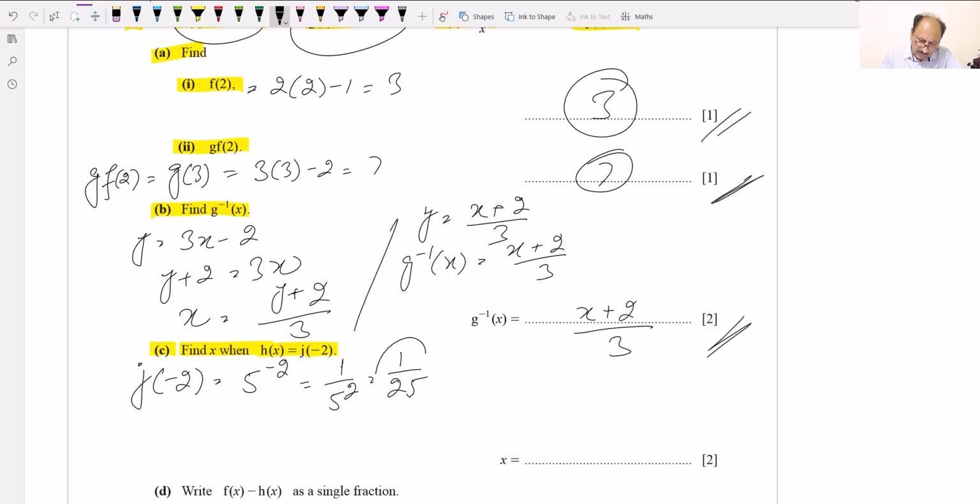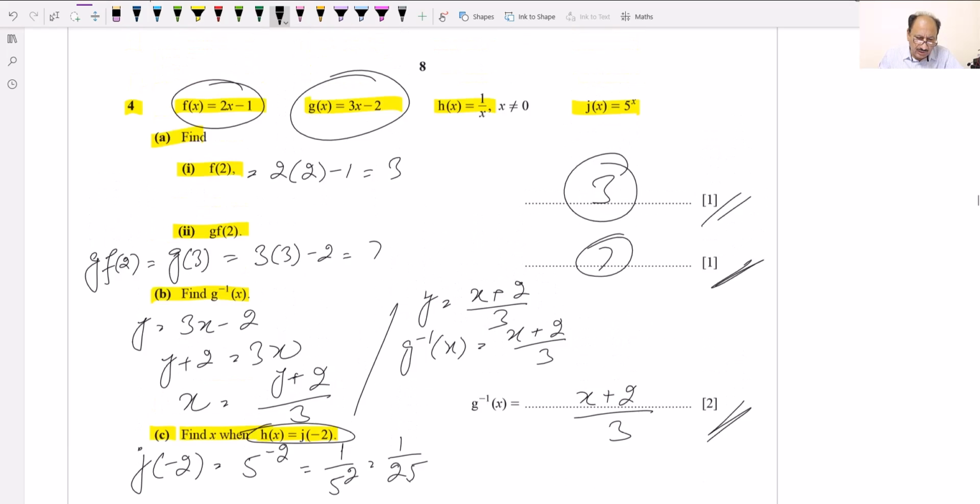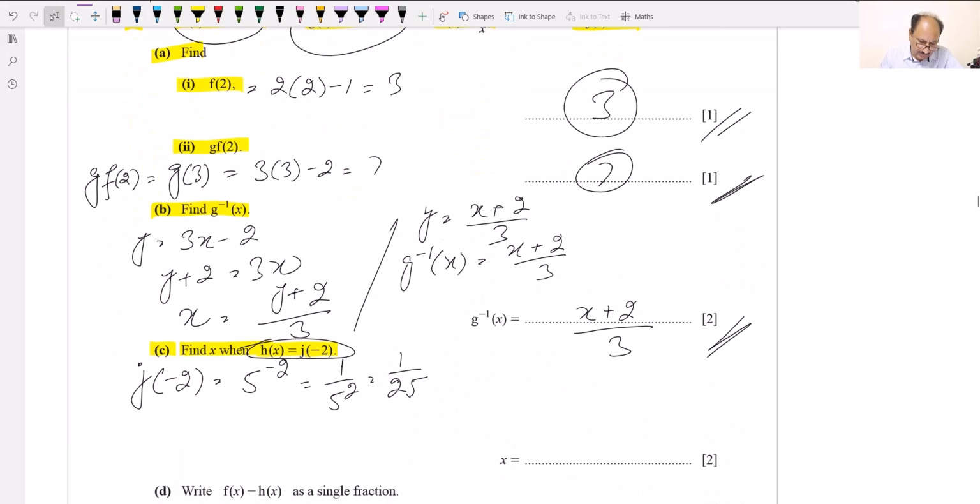Now h of x is equal to 1 over 25, and h of x is 1 over x, so we can write 1 over x is equal to 1 over 25. So if we take the reciprocal of this whole equation, x will be equal to 25, and 25 will be our final answer for 2 marks.